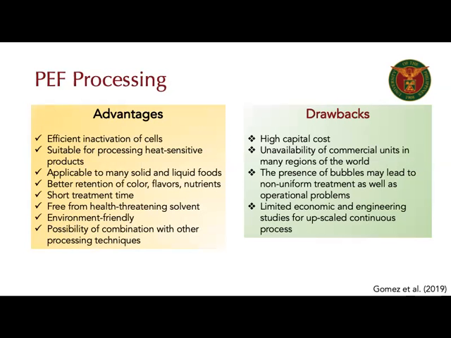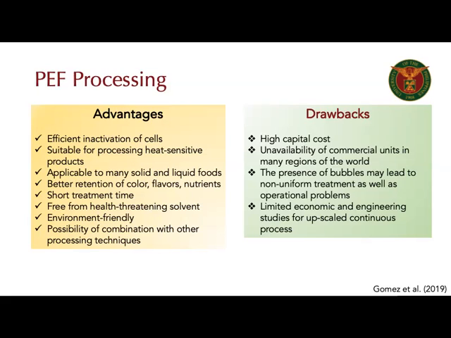So let me end my presentation by presenting to you an overall summary of the advantages and drawbacks of pulsed electric field processing. Here we see on the left, the advantages. It is efficient in inactivation of cells. PEF is suitable for processing heat-sensitive products.